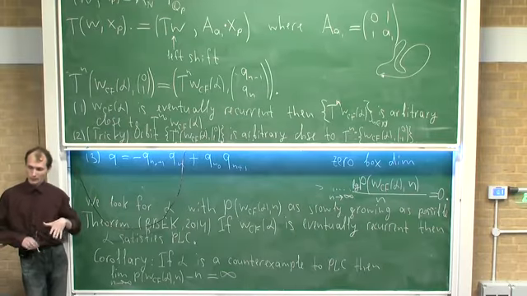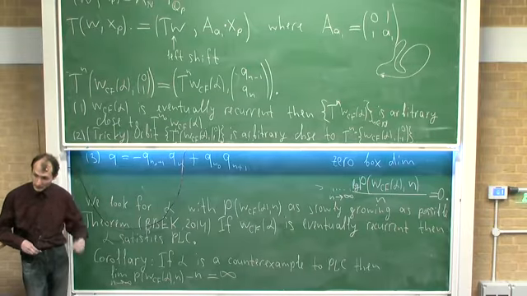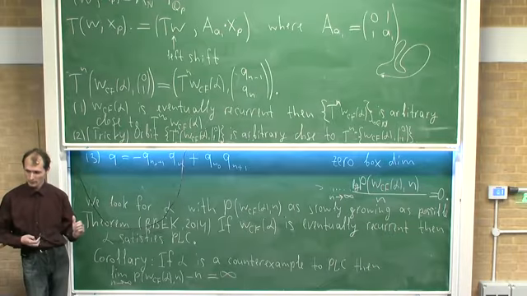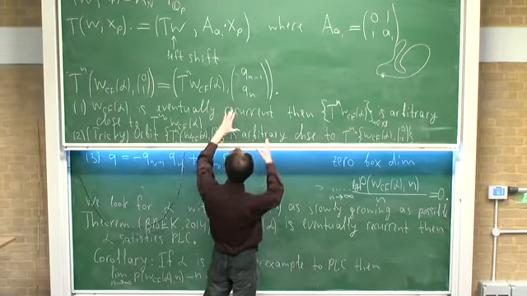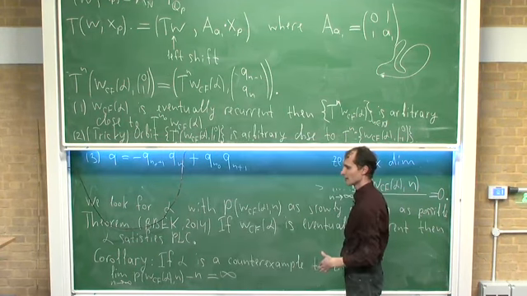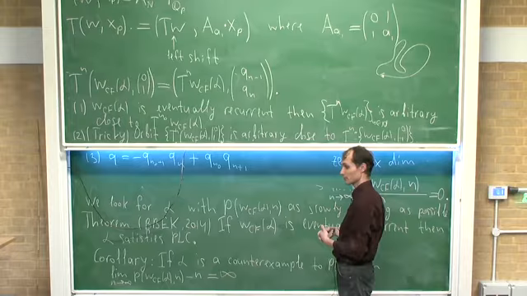Because if you look at those limit words, they can be periodic. And if they're periodic, and this second part is very particular, then they produce counterexamples.